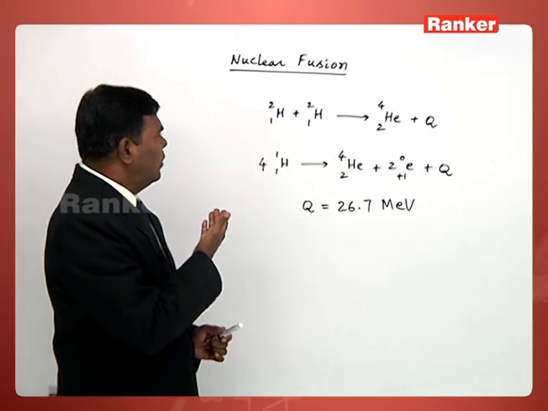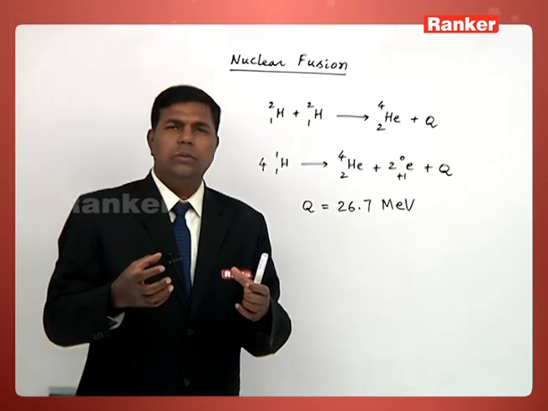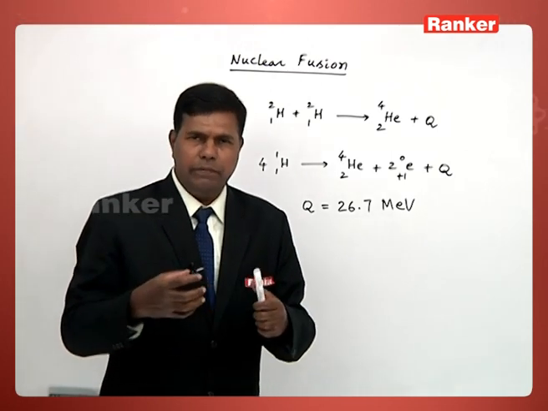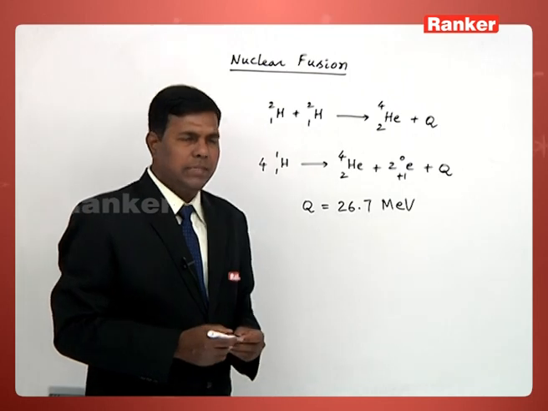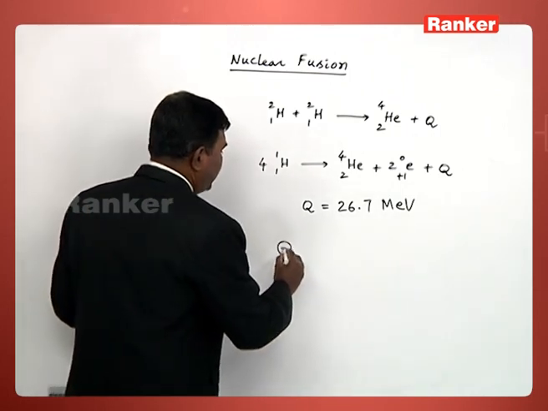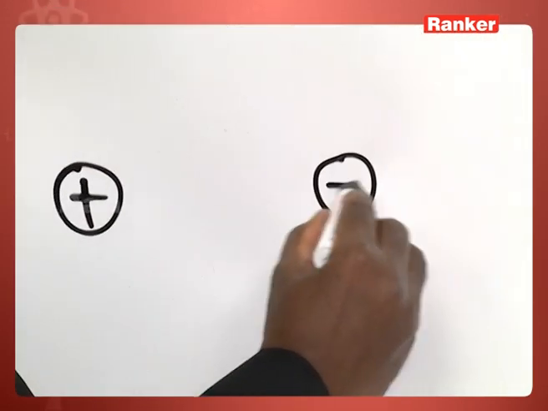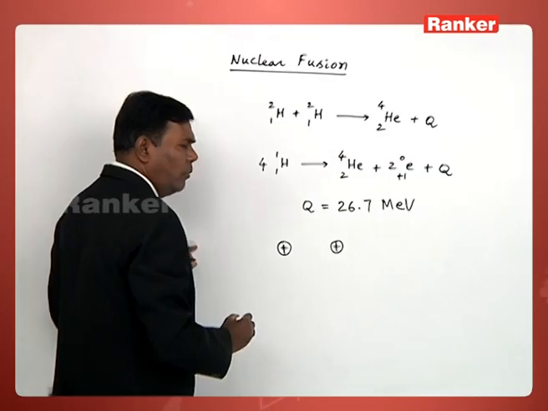Now when you look at that equation, it may appear simple that 2 nuclei may combine together or fuse together, but in practice it is not that easy, because a nucleus is basically a positively charged body, and consider another nucleus which is also a positively charged body.